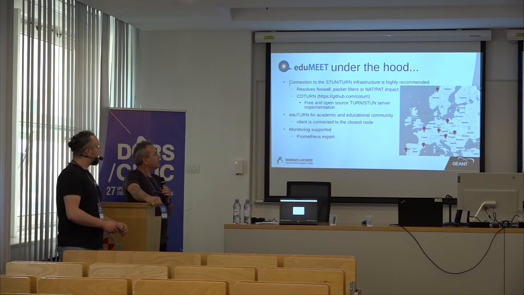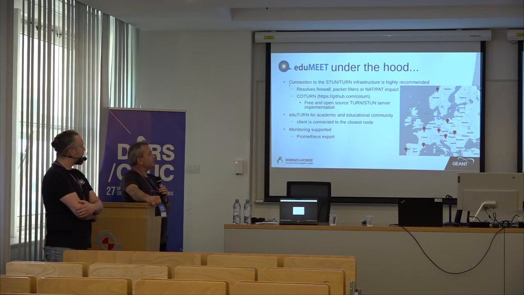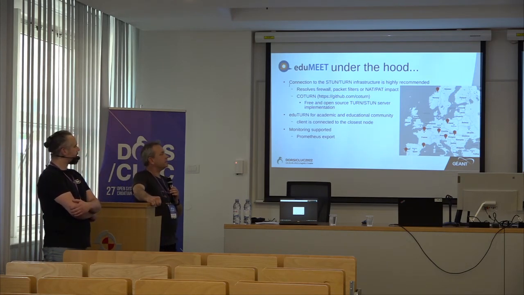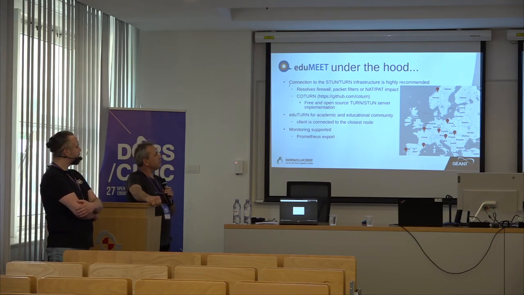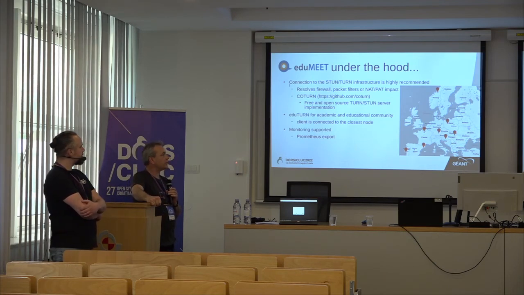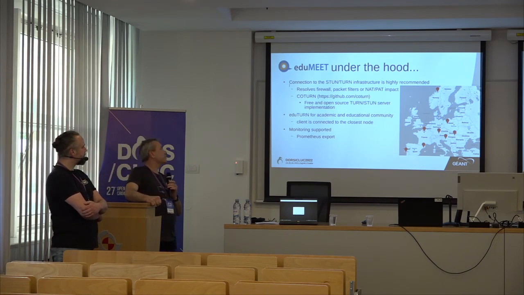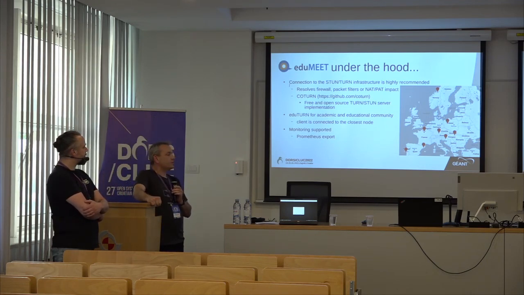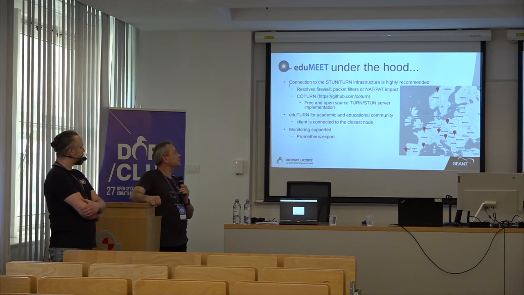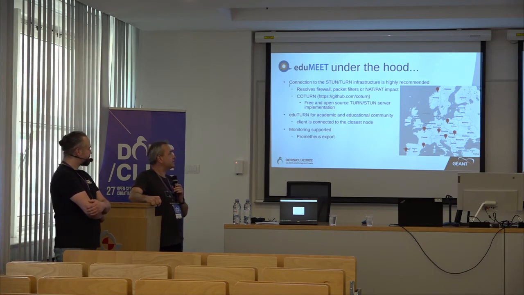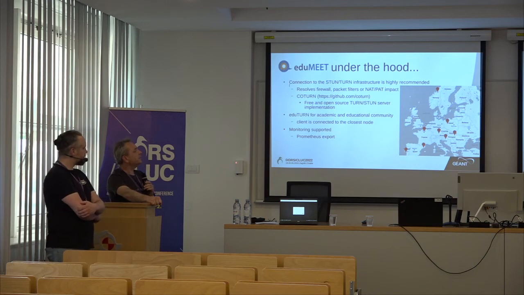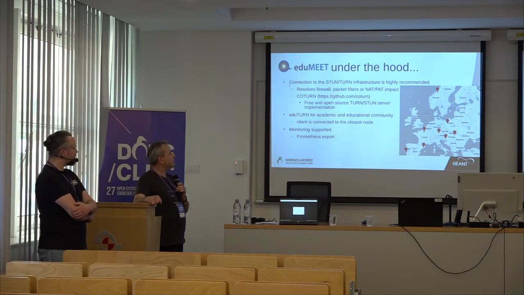The main part is that it is recommended to go through the STUN/TURN infrastructure to resolve problems if your client is behind a firewall, packet filter, or just NATed. There is also an open source TURN project called Coturn, also available on GitHub, and exactly this version is used to build eduTURN. It is also part of one of the GÉANT projects.